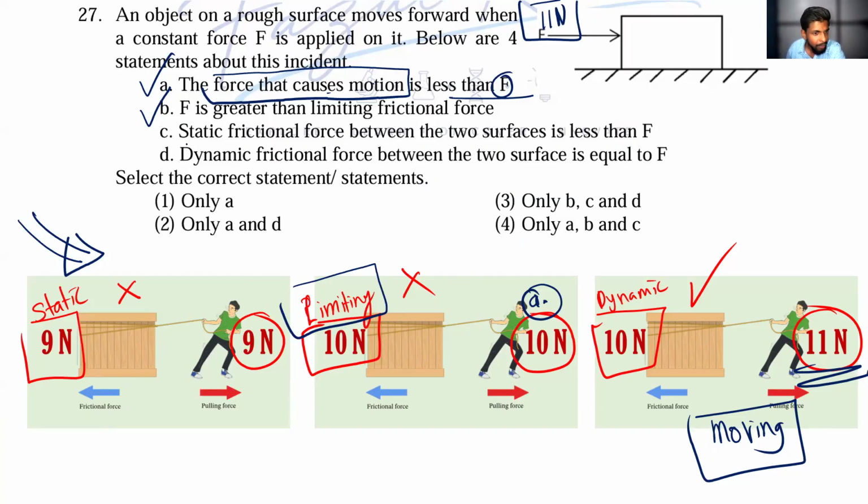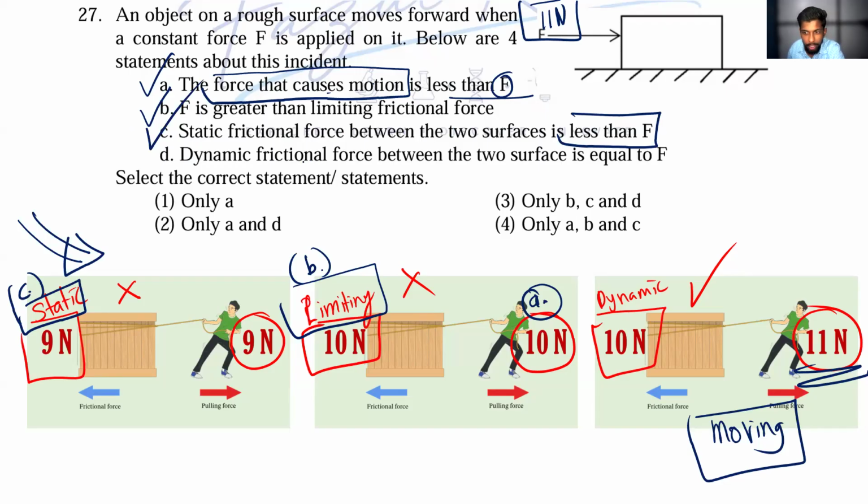And the static frictional force between two surfaces is less than F. We can put B for this one, and C for this one. Because statement C said the static frictional force is less than F. That is also correct. F is 11 Newton, static frictional force is 9 Newton.